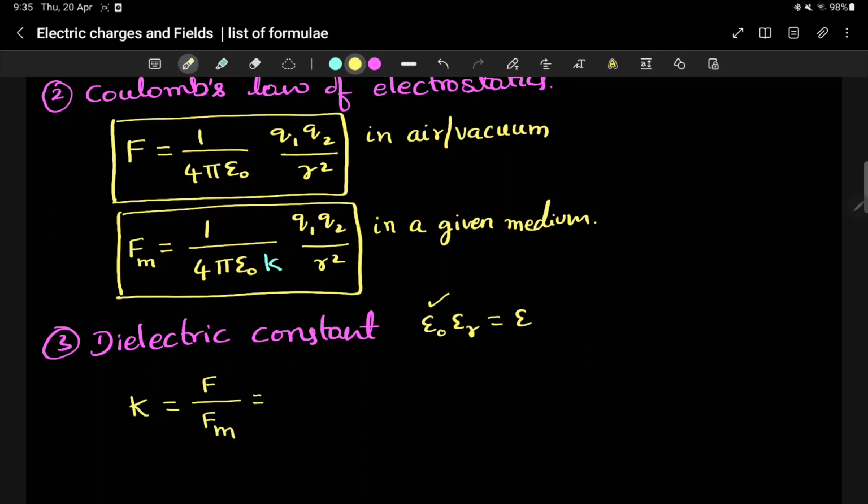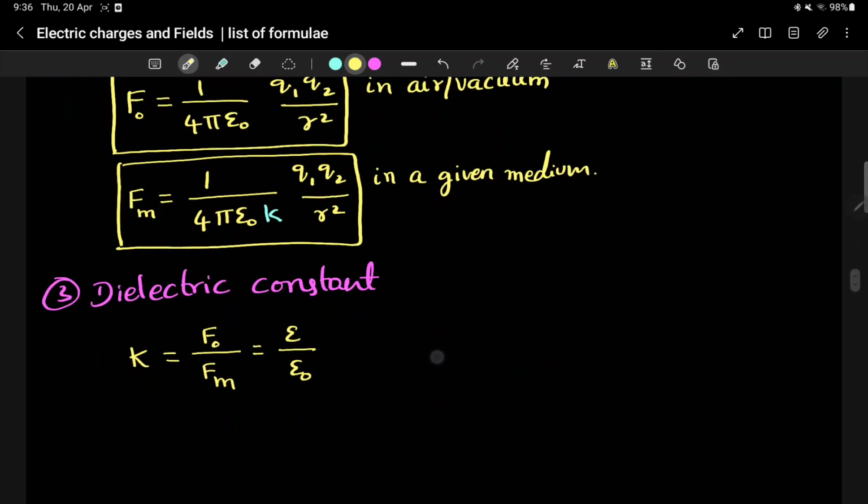Relative permittivity is epsilon r, absolute permittivity is epsilon naught, and epsilon is the permittivity of the given medium. So K can also be written as epsilon divided by epsilon naught. F naught is the force between two bodies in air or vacuum, so F naught by Fm is equal to epsilon by epsilon naught. There are two formulae for this particular concept, that is dielectric constant.